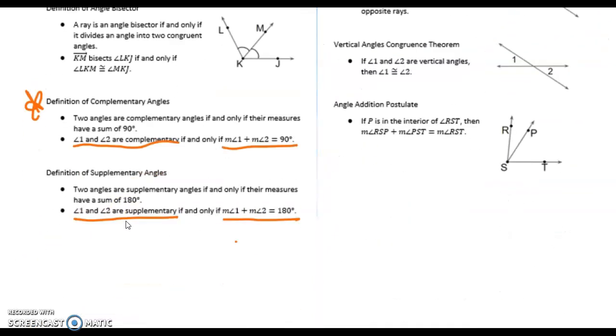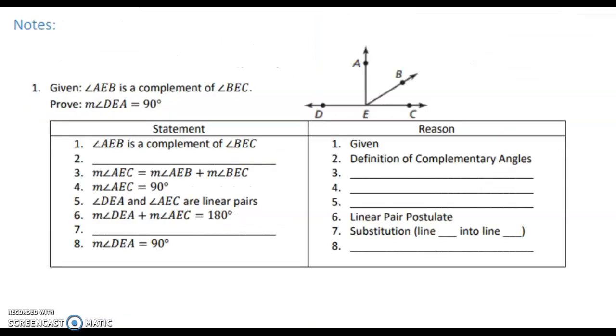If you know two angles are complementary, you can say they add up and equal 90. So if AEB is a complement of BEC, then measure of angle AEB plus the measure of angle BEC equals 90 degrees because it's a complement. And that's definition of complementary angles, like line 2 says.